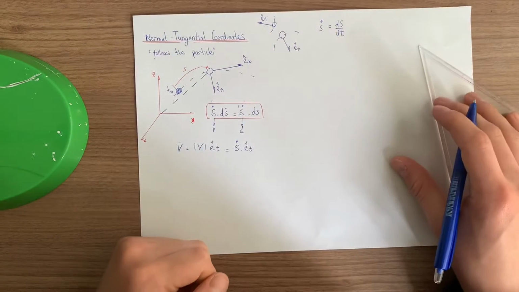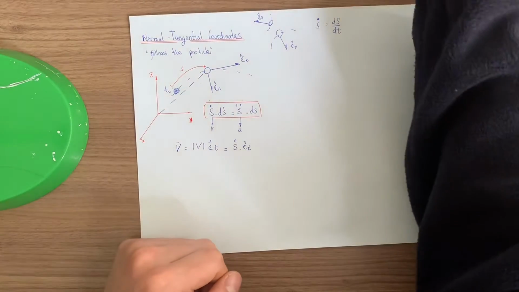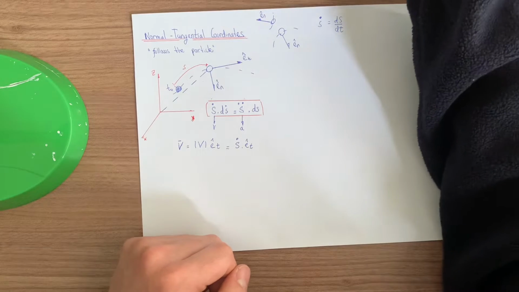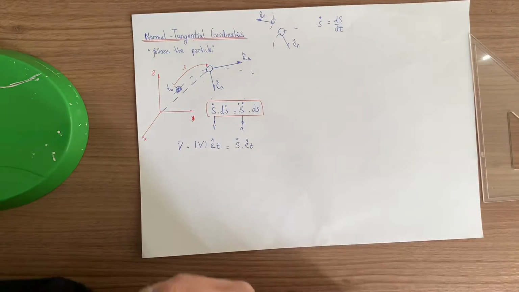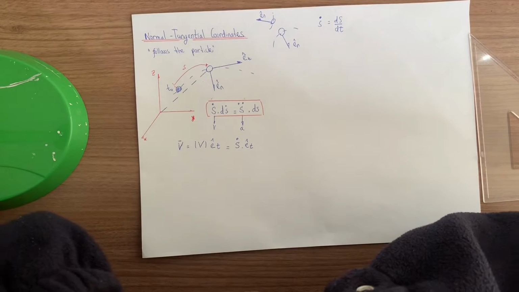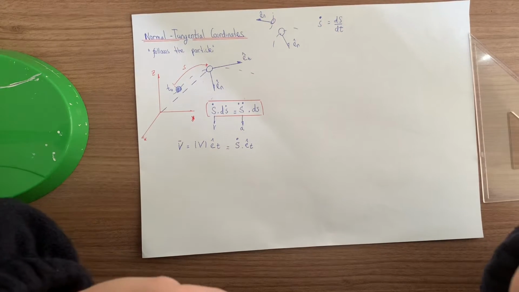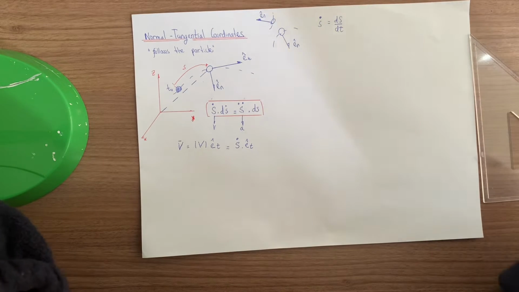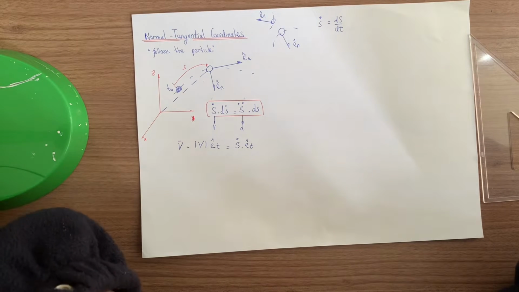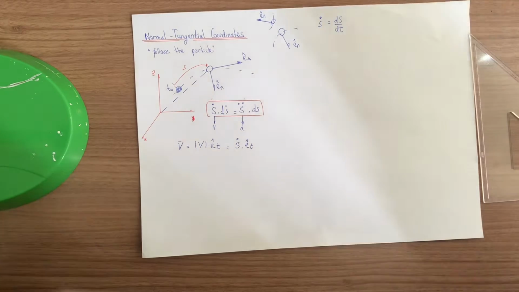What do we have about acceleration? Let me see. Okay. As you may know, we have two vectors, tangential and normal, so we also gonna have normal acceleration and tangential acceleration. And they are represented in this.